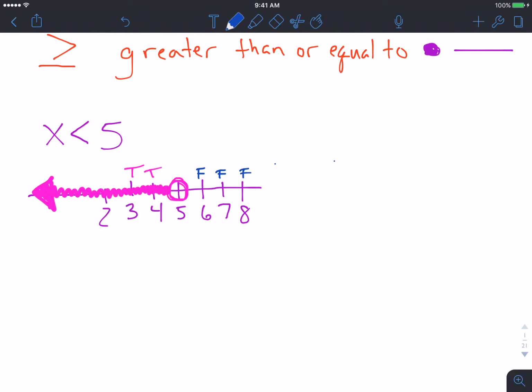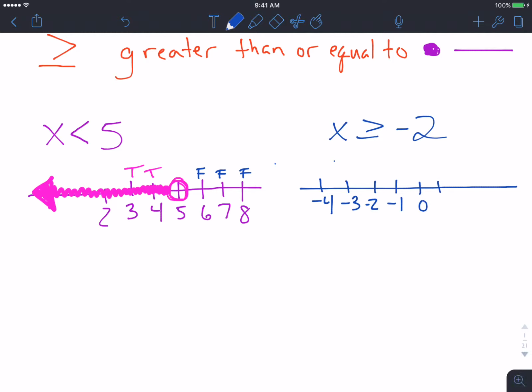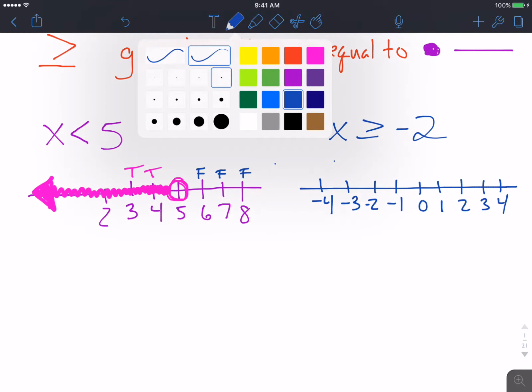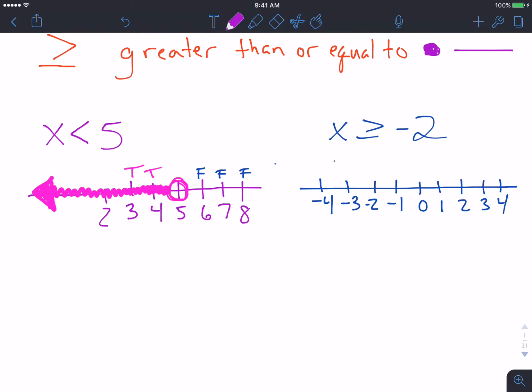If I have x is greater than or equal to -2, I would make my number line. And I know I'm making a closed circle at -2 because it is greater than or equal to.